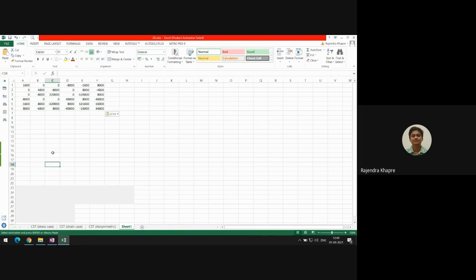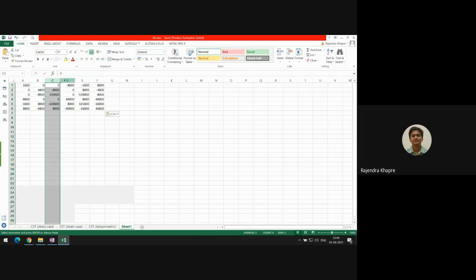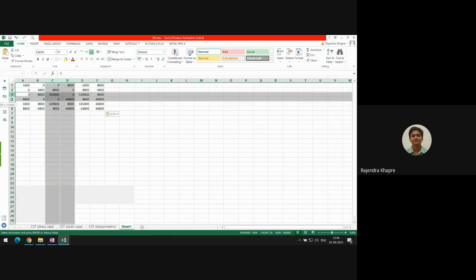Now you see what I was telling you: this row and this column belong to node number 1. These two columns and these two rows belong to node number 3. It is not node number 2, it is node number 3.